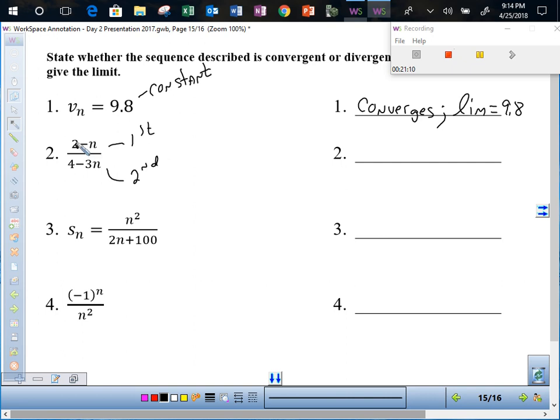So you can ignore that. You can ignore that. Look at this part right there. And that's going to be your answer. So in this case, this converges. And it has a limit of -1 over -3, which is 1/3.